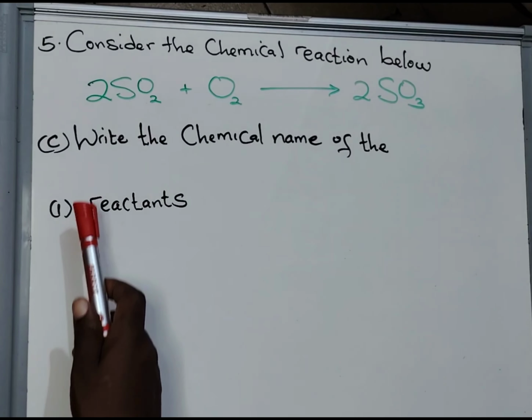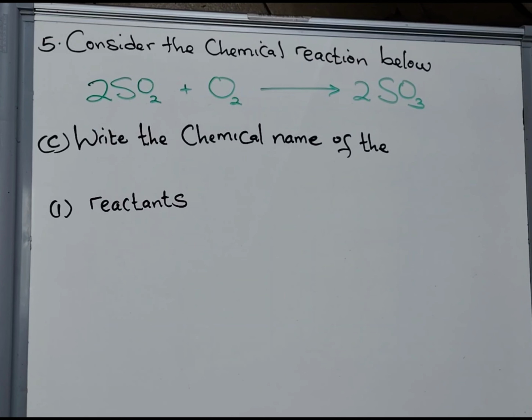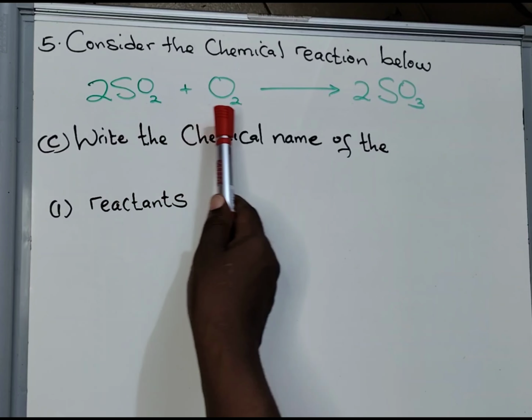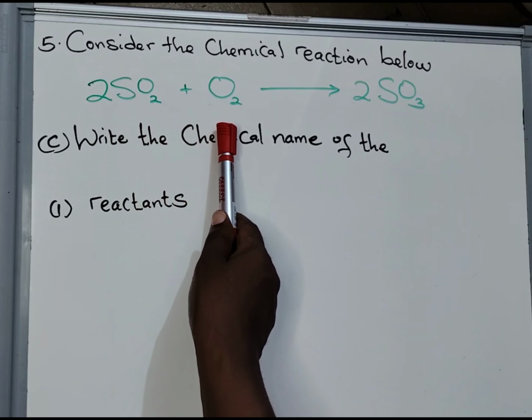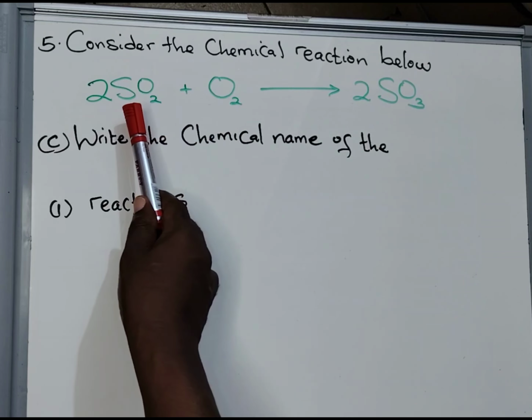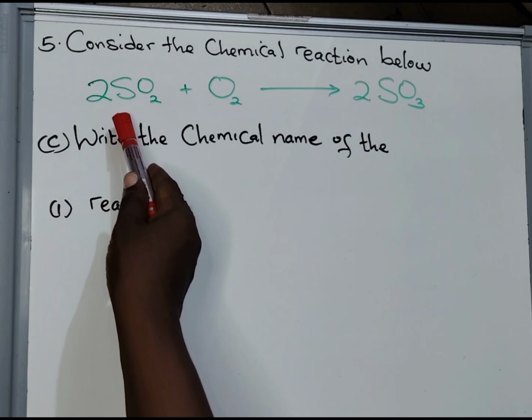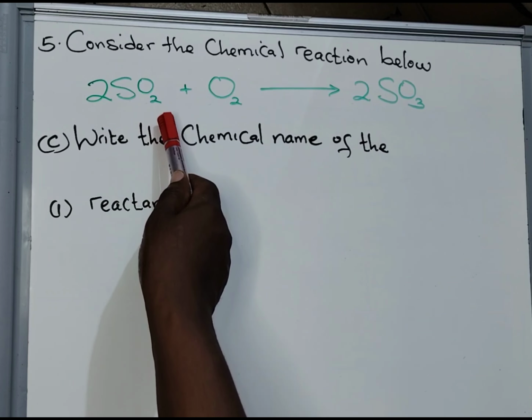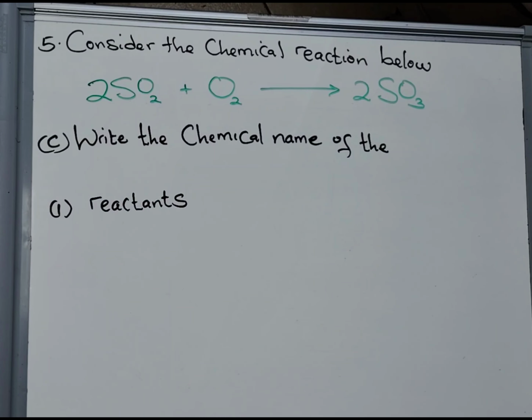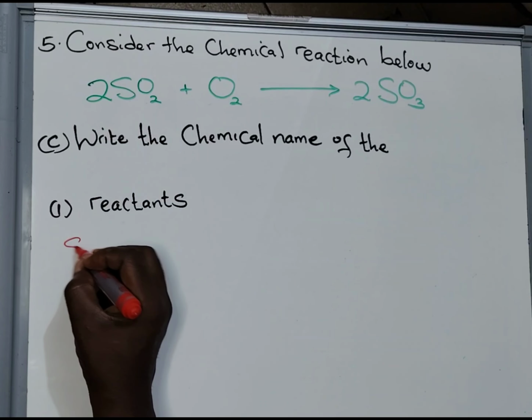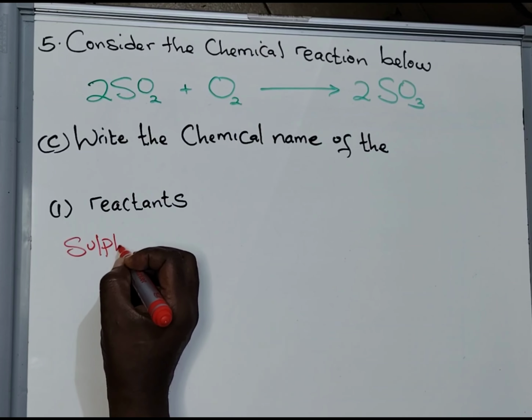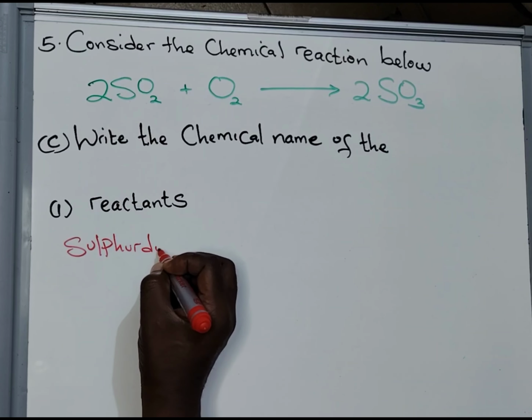Yeah, then comes this question. It says that write the chemical name of the reactants. Okay, so we are having these 2 as our reactants. Okay, this one is the first one where sulfur is attached to 2 oxygen atoms, giving us sulfur dioxide.